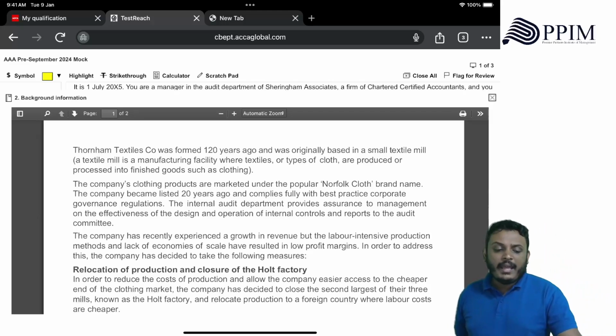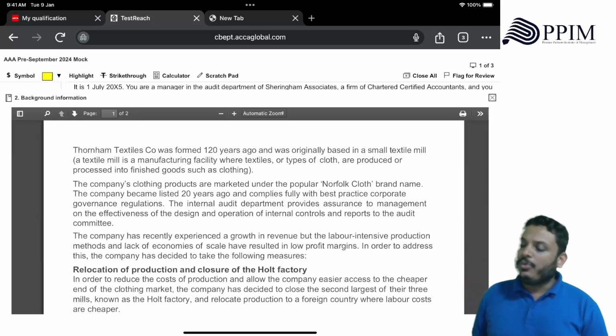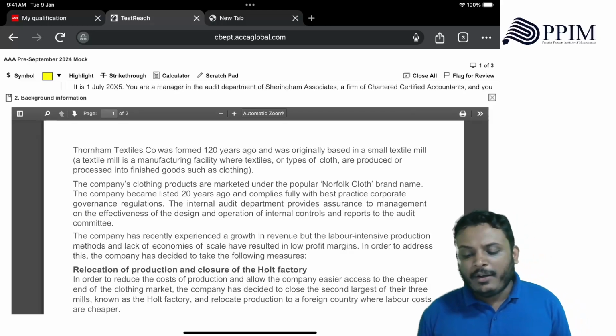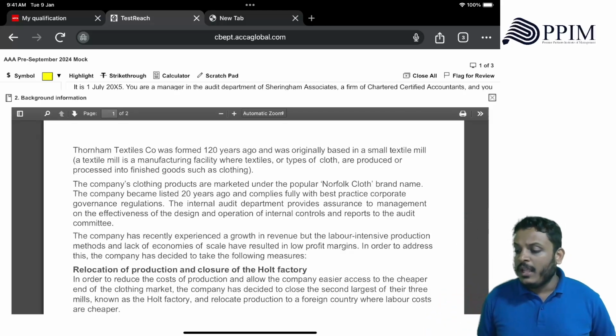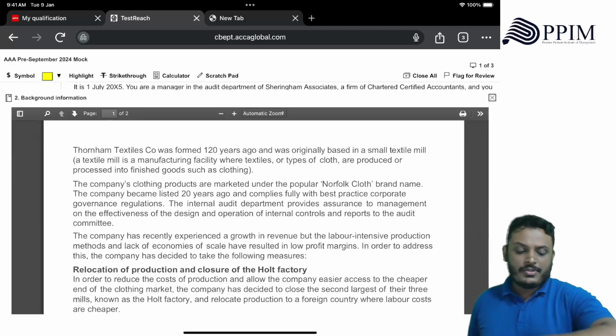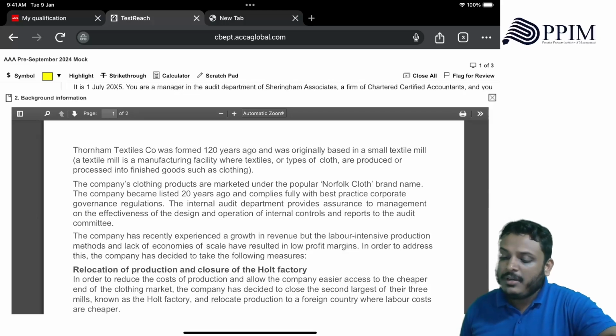The company has recently experienced a growth in revenue, but the labor-intensive production methods and lack of economies of scale have resulted in low profit margins. In order to address this, the company has decided to take the following measures: relocation of production and closure of Holt factory, in order to reduce the cost of production and allow the company easier access to the cheaper end of the clothing market.